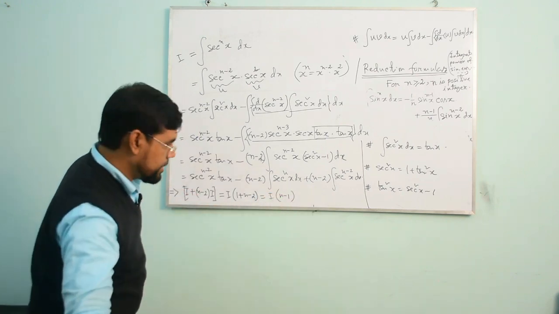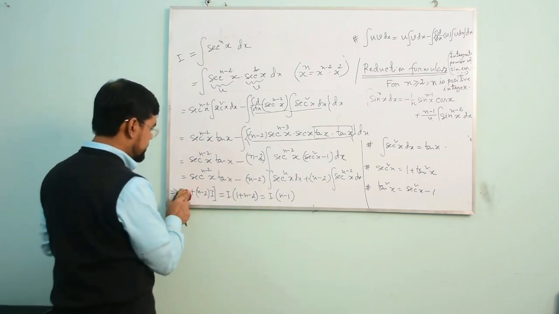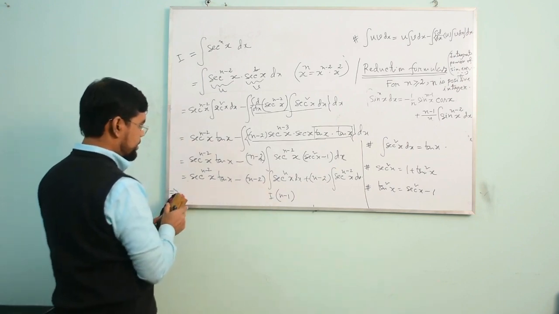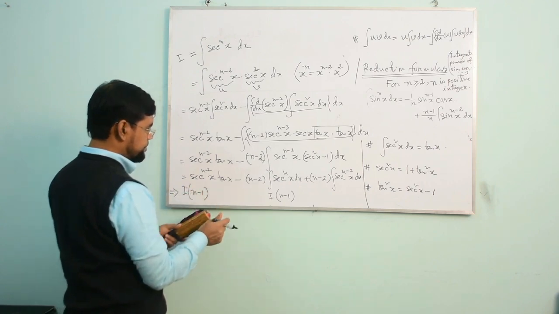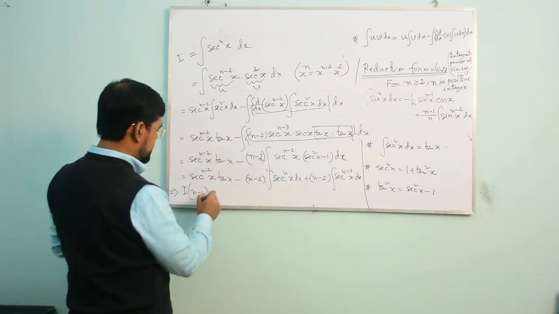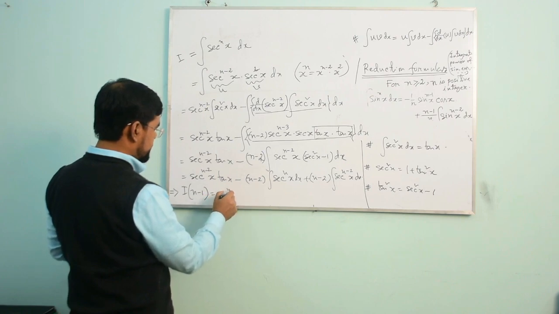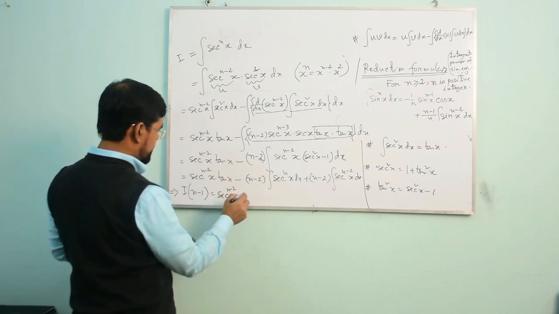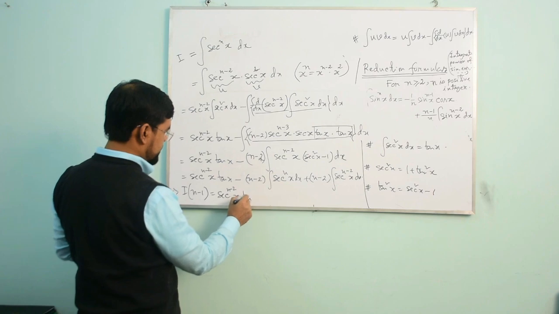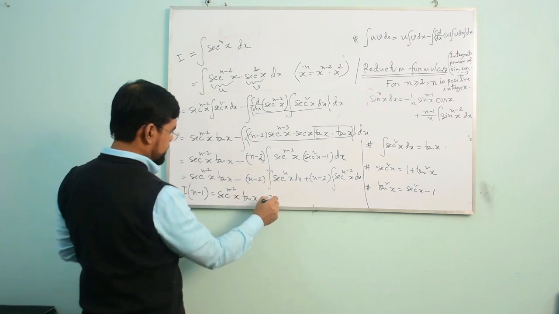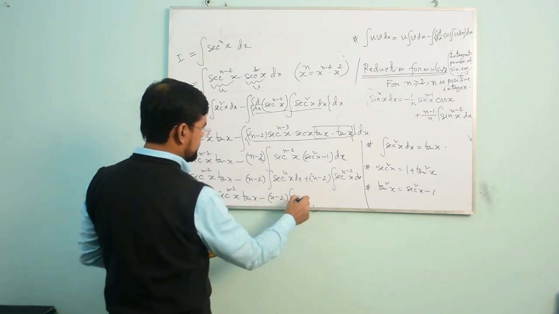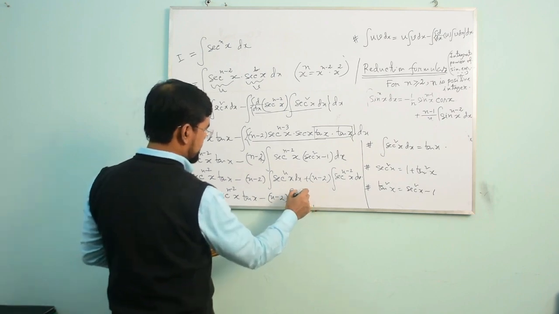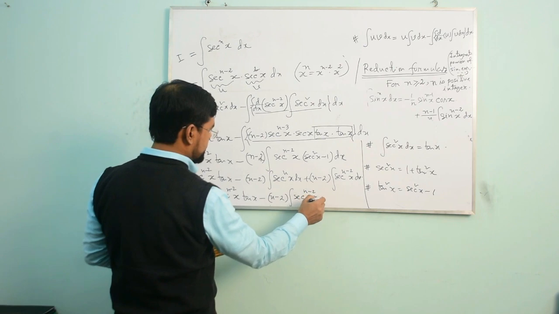So it means finally on the left side I have I into (n minus 1), which equals sec^(n-2) x tan x minus (n minus 2) integration of sec^(n-2) x dx.